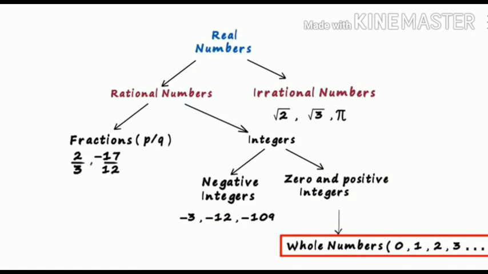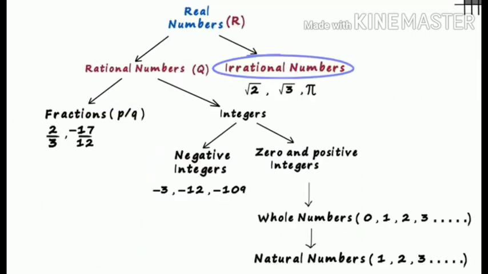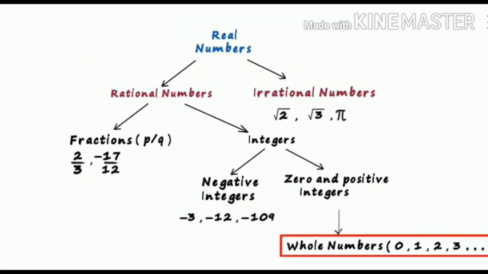So in integers we consider the natural numbers as well as the whole numbers, but in the case of the irrational numbers we have root 2, root 3, pi. These are the irrational numbers. So real numbers can be mainly studied as rational and irrational numbers.